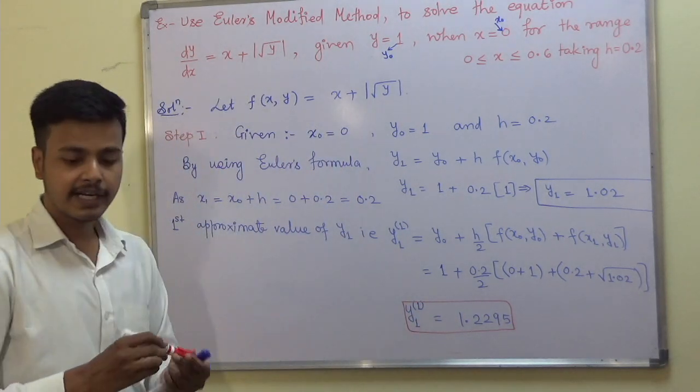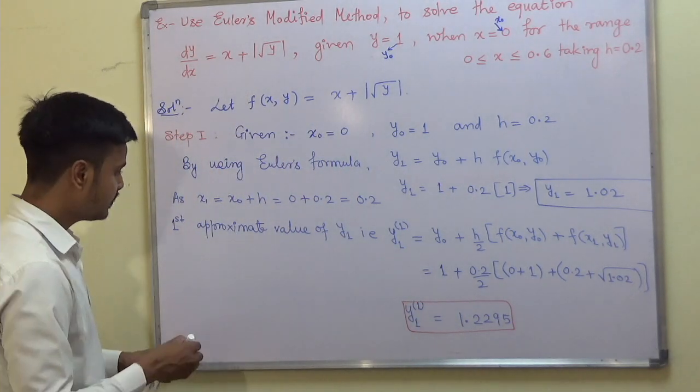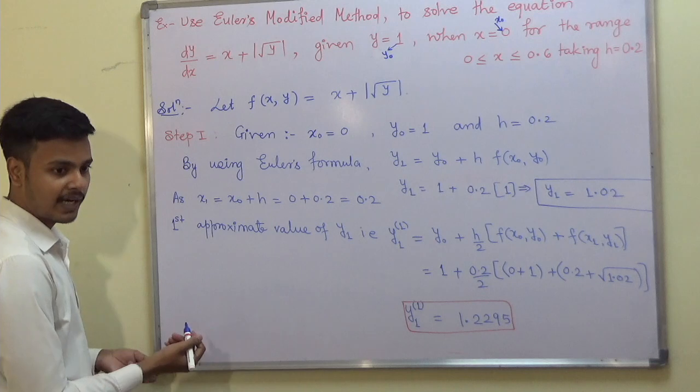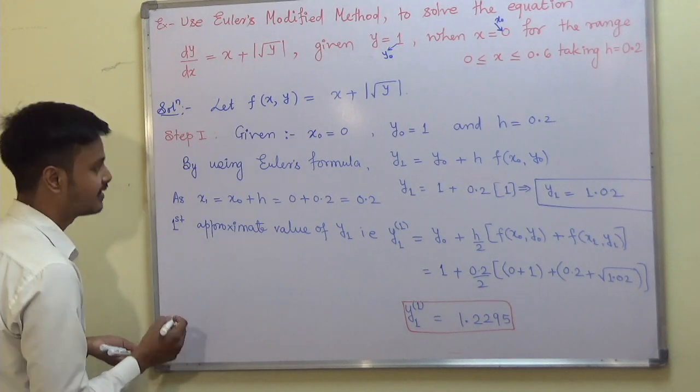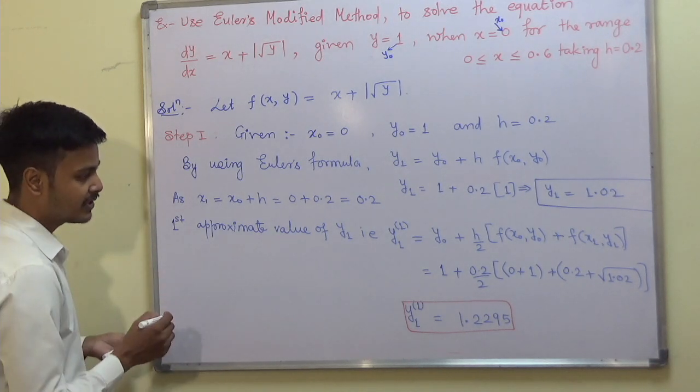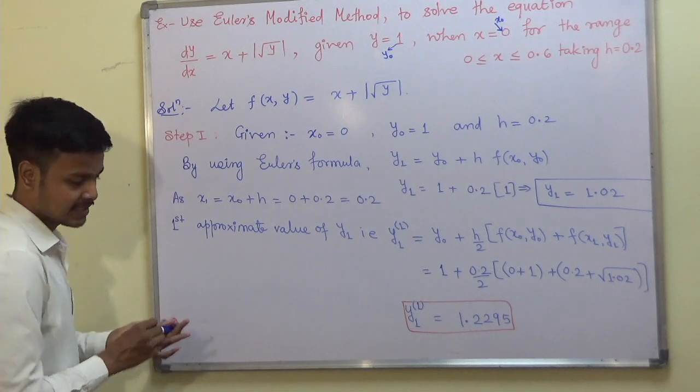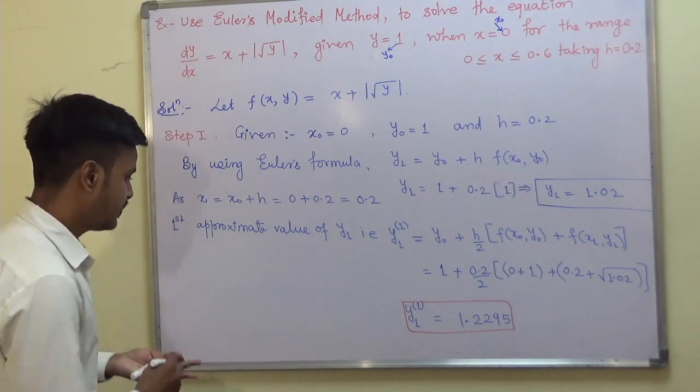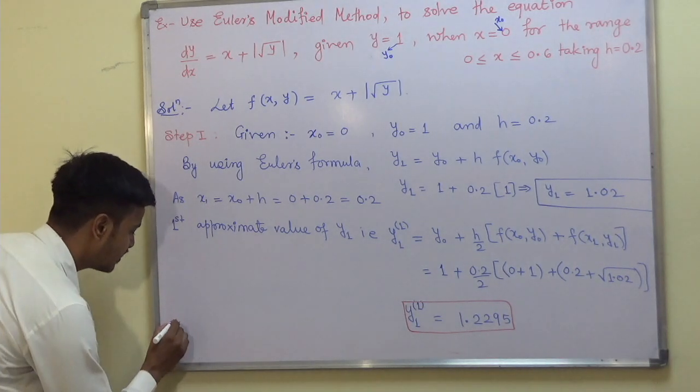Okay, now you can write down the second approximate value. If you want, I can write it here, but I don't think I will get the space. Okay, let me write here.